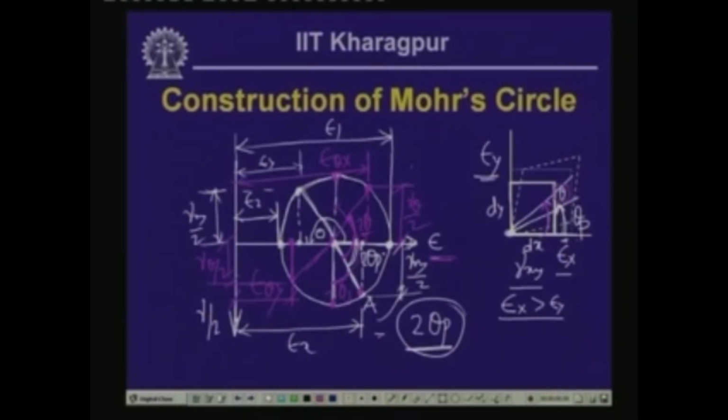Now, from theta p, this is the position of the maximum normal strain, and this is the position of the maximum shearing strain, and these two make an angle of 90 degrees in the Mohr plane, and hence these two directions make an angle of 45 degrees in the physical plane, that we have seen through the transformation equations.